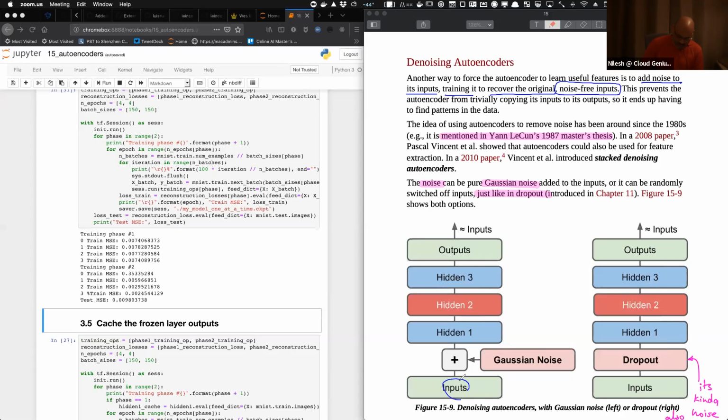So you have noise-free, you add noise, and you expect noise-free output. That prevents the autoencoder from trivially copying its input to output. So it ends up finding patterns in the actual meaningful input and thereby learns how to reduce noise.